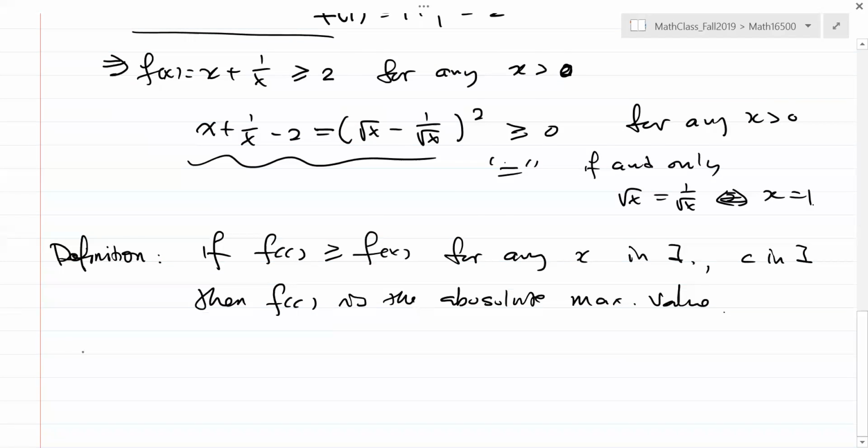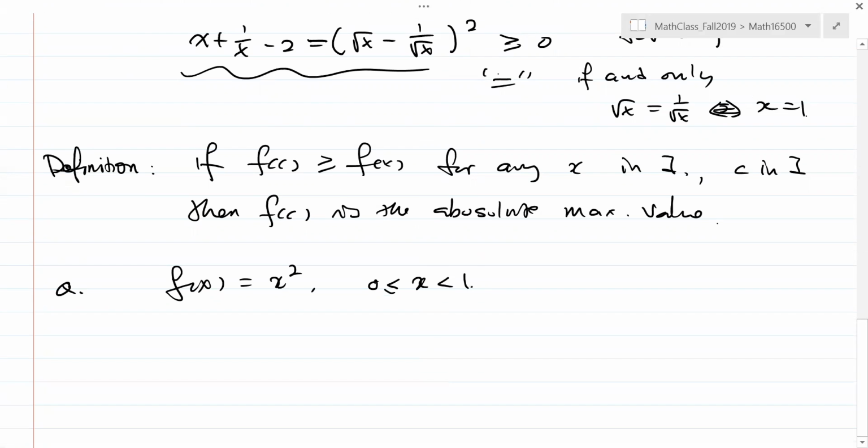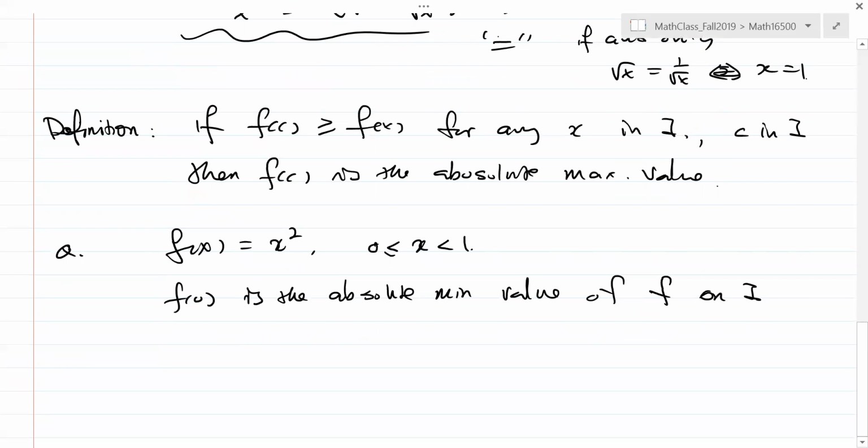Okay, so here's the example. f of x equals x squared, with x greater than or equal to 0 and less than 1. Now on this interval, the function has an absolute minimum value. f of 0 is going to be the absolute minimum value of f over the interval I. Okay, but f of 1 is not defined, it's undefined.